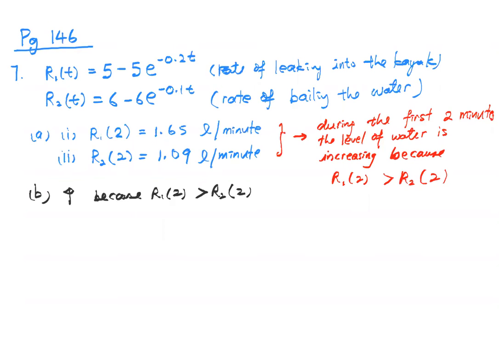Okay, then part C. Part 1, you integrate from 0 to 3, R1(t) dt. So what is the answer? All this you use the graphic calculator. Okay, 3.72 liters. Okay, how are you going to interpret this value? Can someone interpret this value?